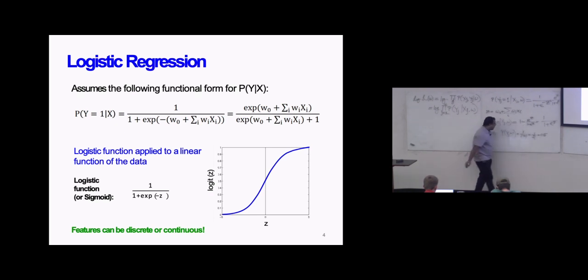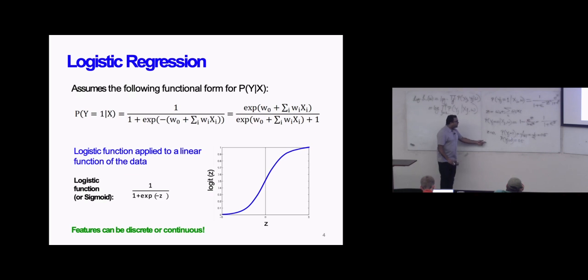That is a 50-50 probability. Sorry, this is the probability of 1, right? Now the probability of 0 should also be 0.5 because they sum to 1. So whenever your dot product is 0, your probability is 50-50.